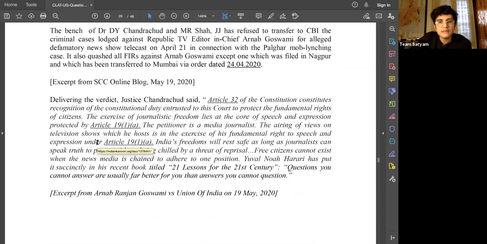And then you have a discussion about how the freedom of speech and expression, particularly when it comes to media, should not be curbed because media persons are the ones who speak truth to power. And then you have this entire quote over here: questions you cannot answer are usually far better for you than answers you cannot question. Something that is quoted in one of the questions below.